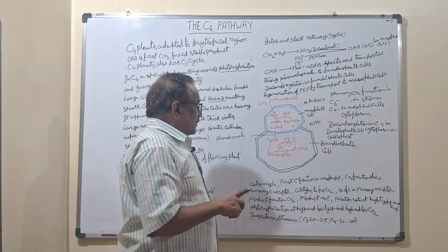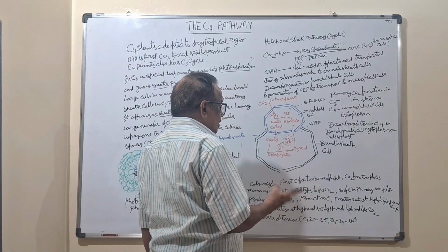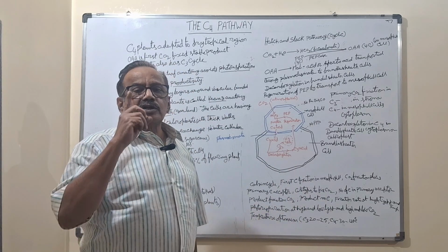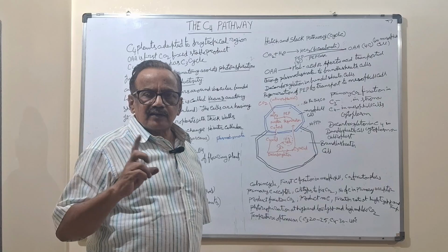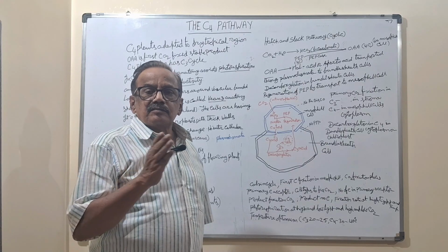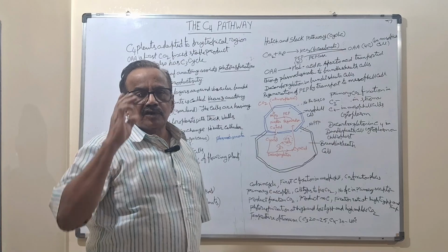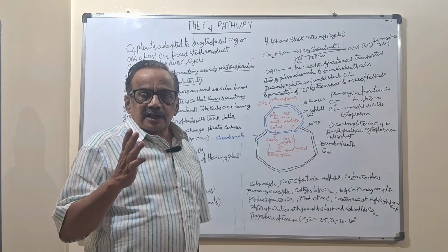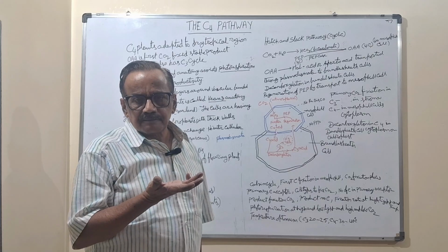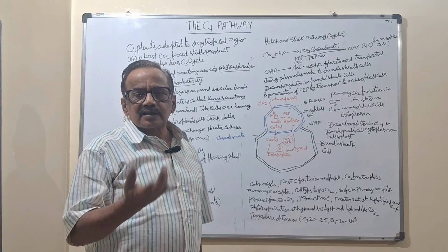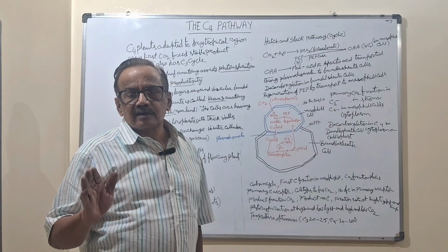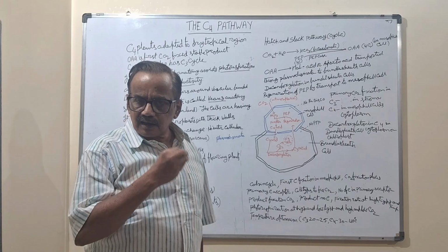Next, one more thing. In the bundle sheath cells, the chloroplast has only stromal lamellae. Means the grana is absent. Why? Because if the grana is there, non-cyclic will take place, and whenever non-cyclic takes place, oxygen will be evolved. So to avoid that, it does not have the grana.